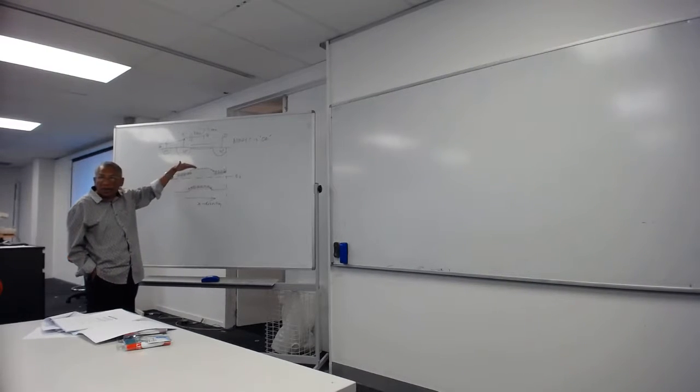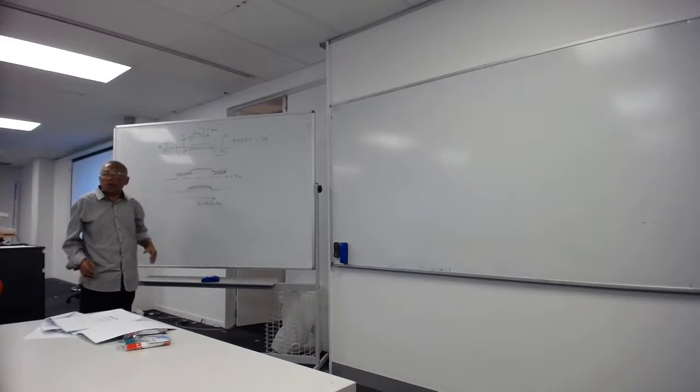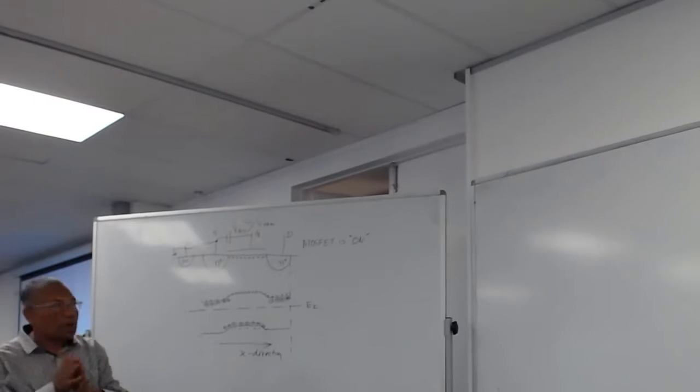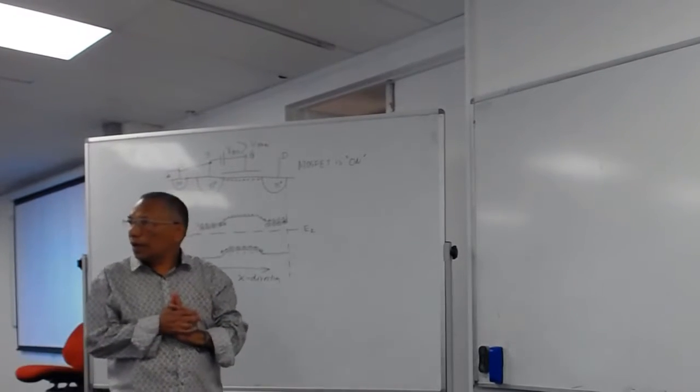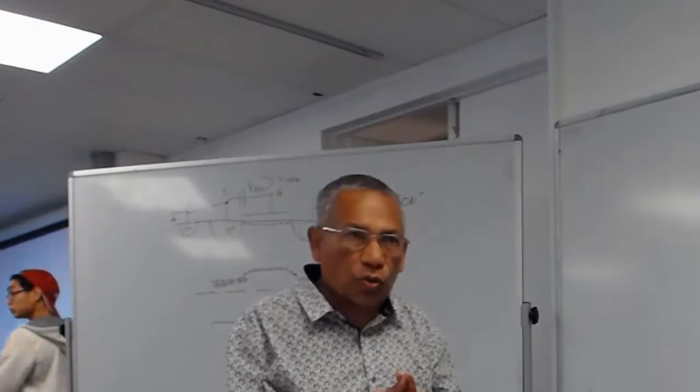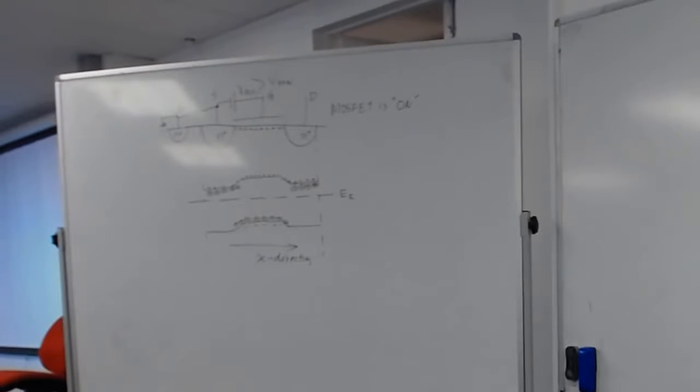The channel is created, but there is no current flowing, because to flow the current you must have a voltage between the drain and the source. There is no voltage between the drain and the source, so it is on, but there is no current flowing.